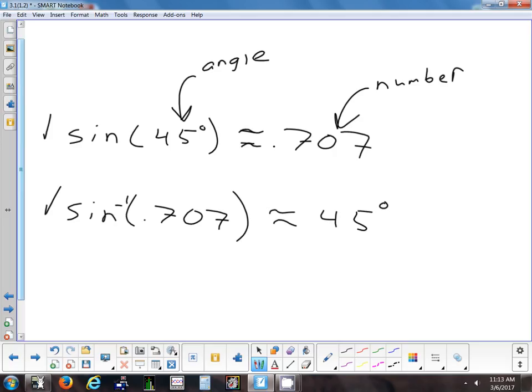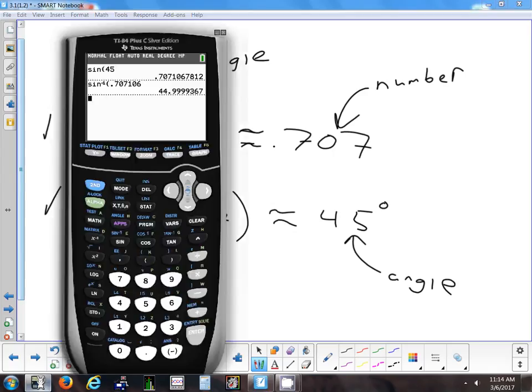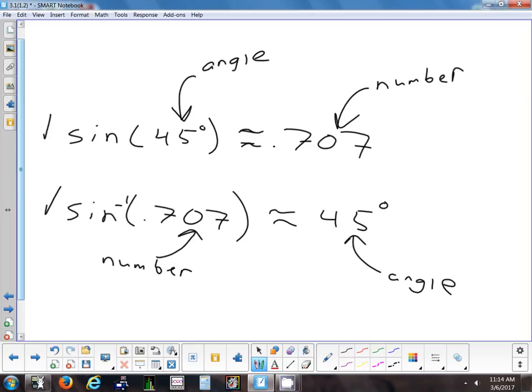So when you use inverse trig, they switch places. This is the number, and this is the angle. So what's important to understand is anytime you go on the calculator and you press second, inverse sine, inverse cosine, or inverse tangent, and you type something in, the answer that you get on the screen, that 15.5, that's an angle. So that's the big thing we use inverse trig for, to figure out an angle if you don't know it.